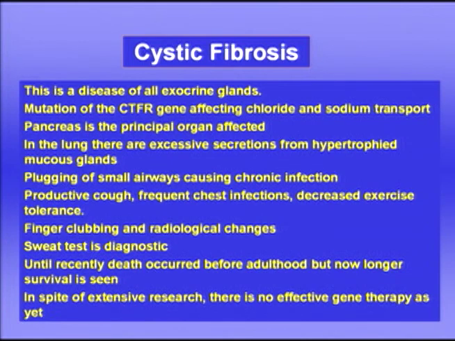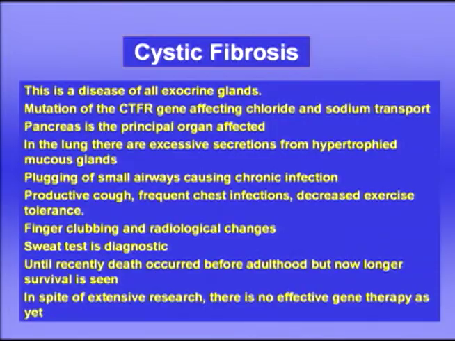You get plugging of small airways, you get chronic infection, productive cough, frequent chest infections, decreased exercise tolerance, finger clubbing, and radiological changes. Now, the sweat test is diagnostic, and these patients now are usually diagnosed at a relatively early age. But unfortunately, there's not all that much you can do about it. You can control the infections with antibiotics.